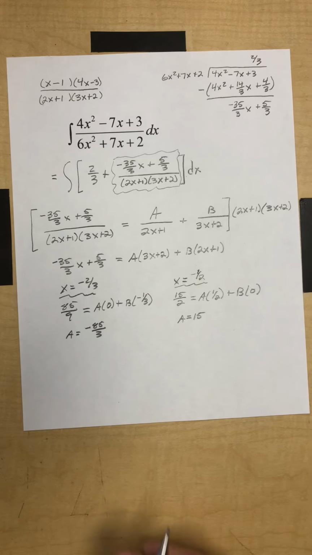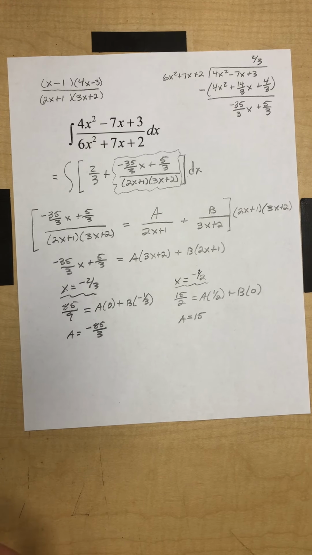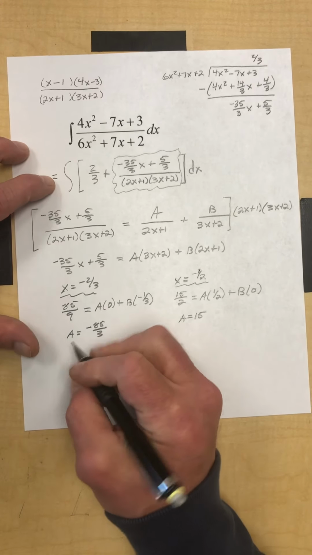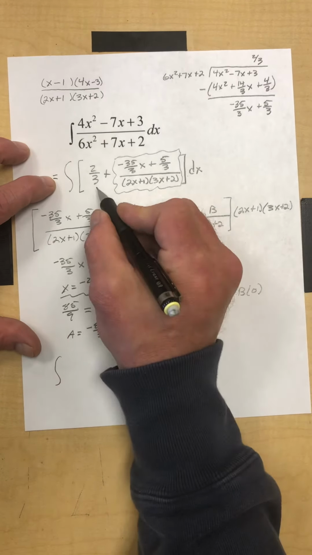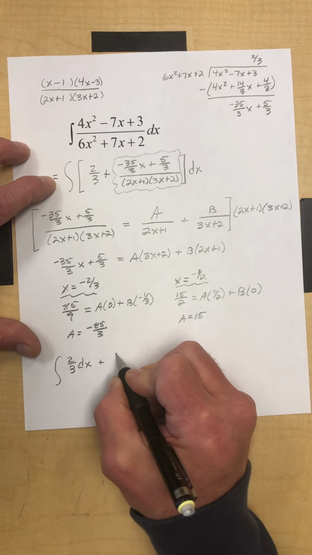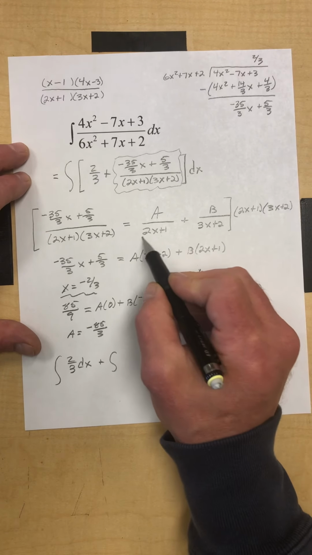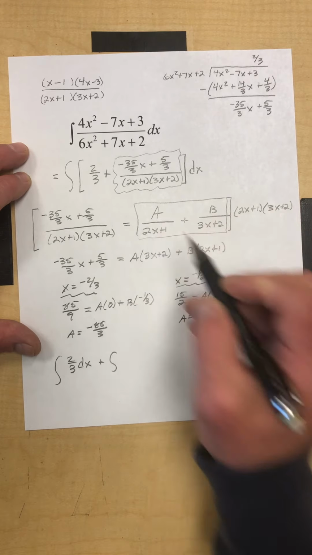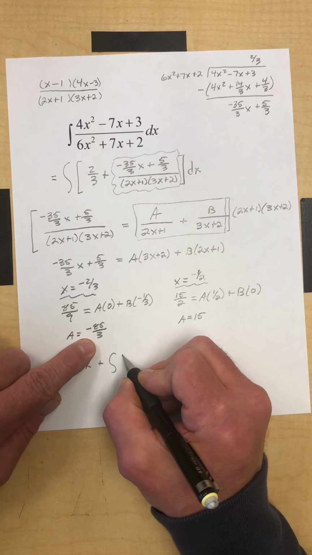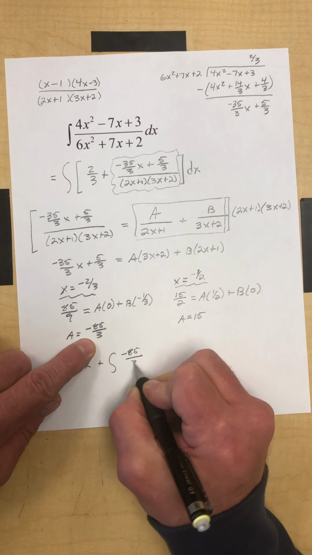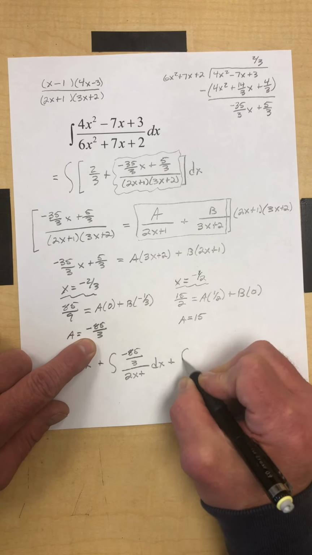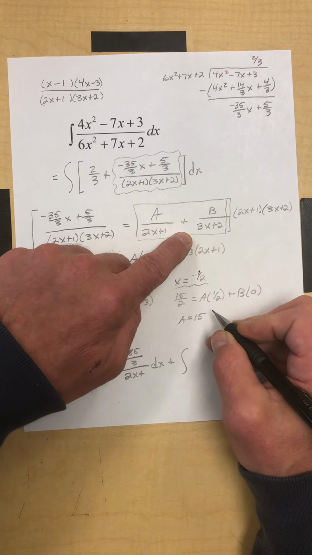Let's see what we've got. Going back up, I'm going to have the integral of 2/3 dx, plus the integral where I broke this down: A over 2x plus 1, and we know A is negative 85/3 over 2x plus 1 dx, plus the integral of B over 3x plus 2.